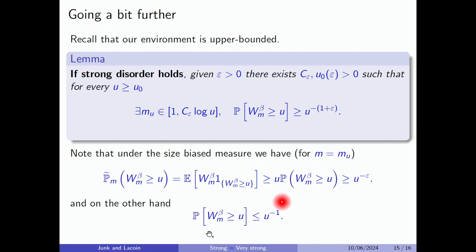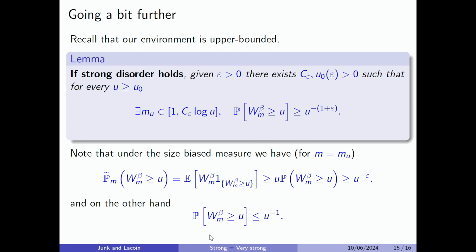And from Markov inequality, because Wn has expectation 1, you know that this probability is smaller than u to the -1. You have to think about u as large. So under the two measures the probabilities are small, but here it's much less small than there.